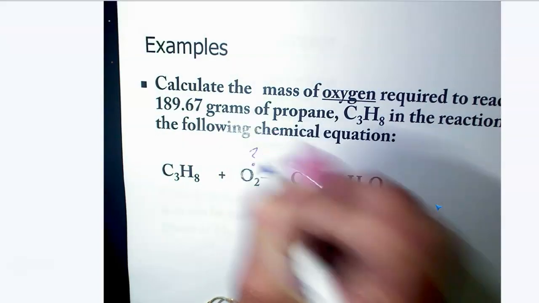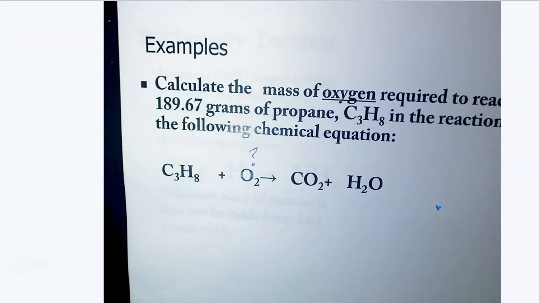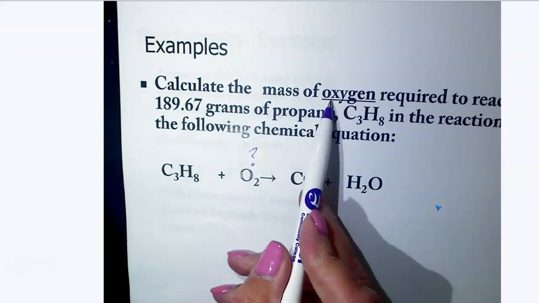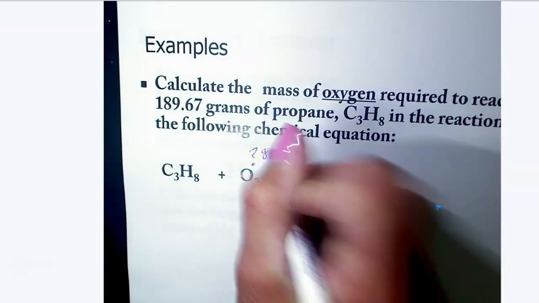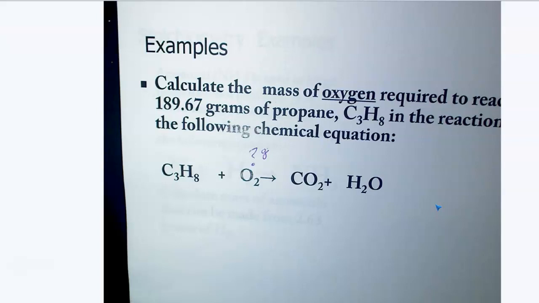So I like to put a question mark above what I am solving for. So I'm going to put G for grams so I know that I'm looking to solve for grams. That's just for me to keep things straight.